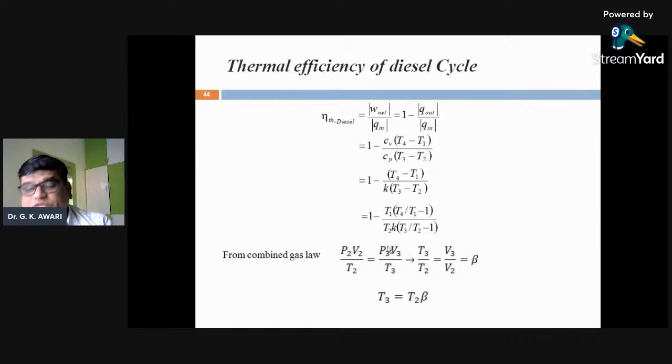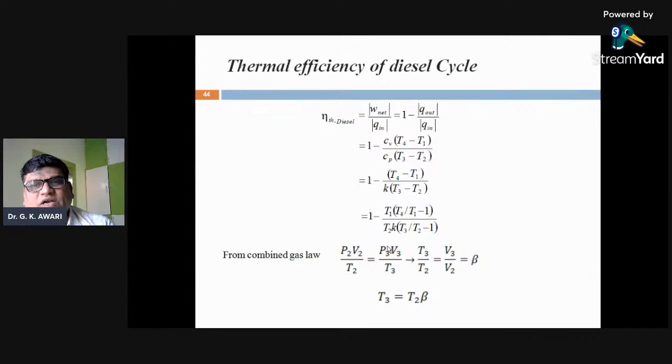Thermal efficiency of the Otto cycle is equal to W net divided by Q in, work done divided by heat provided, which is 1 minus Q out divided by Q in. So 1 minus CV (T4 minus T1) divided by Cp (T3 minus T2).